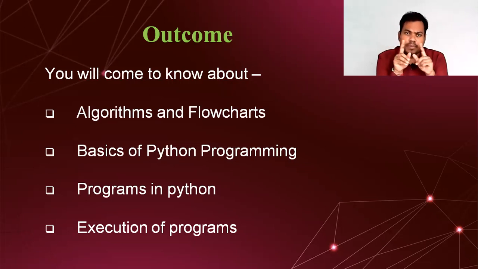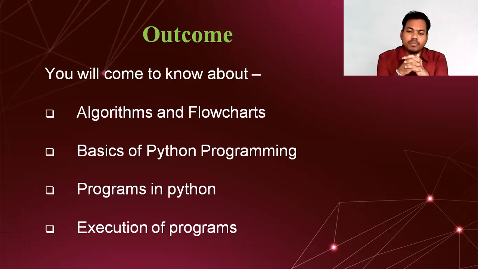Before writing the code for that software, you will prepare something in your mind, a mind map of how you will create the program. Whatever is going on in your mind, you will put it on paper in the form of an algorithm and flowchart. And on the basis of that, you will write the code for that program, right?